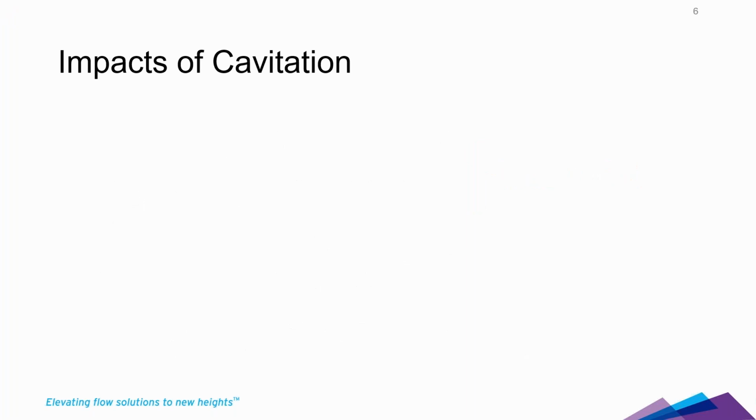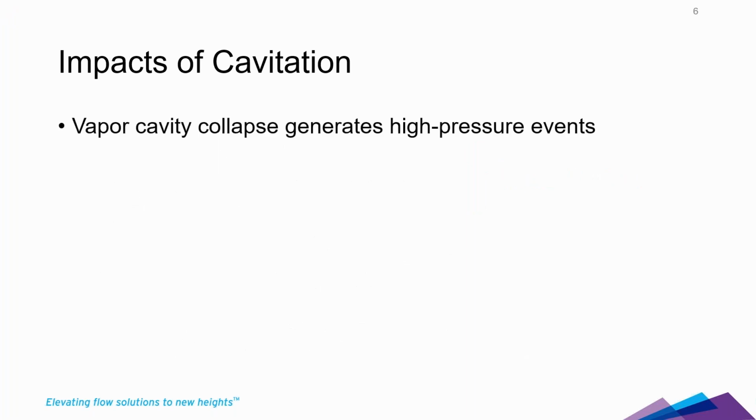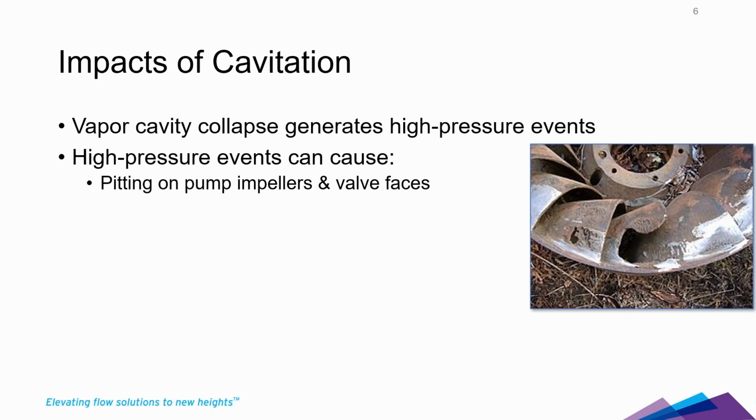So here are some impacts of what happens when you're cavitating. It's going to generate high pressure events, and these high pressure events can cause, well, this is an example of cavitation on a pump impeller, so this is not really always something that's caused by a transient event like a pump trip or a valve closure, but you can clearly see the damage on the pump due to the pitting here.